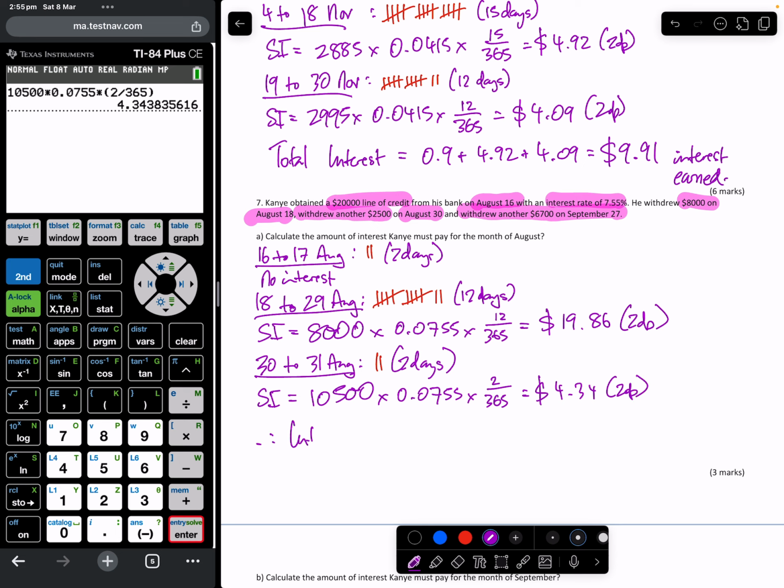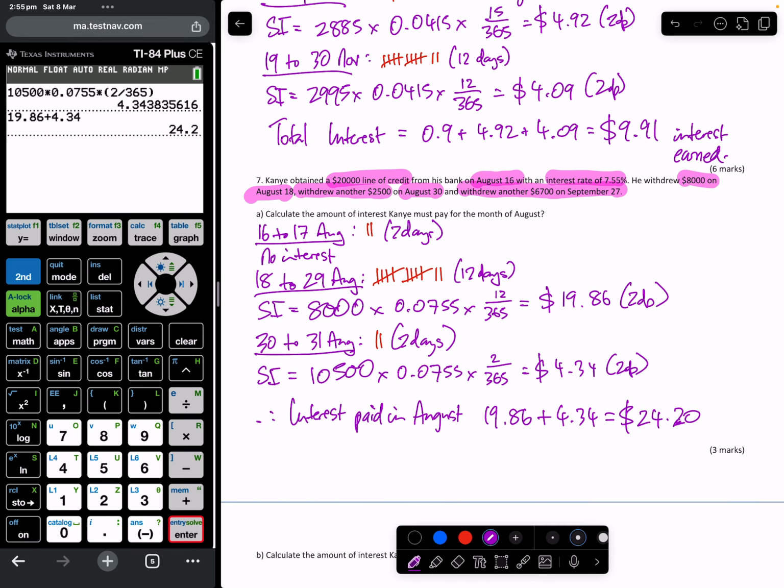Therefore, interest paid in August is $19.86 plus $4.34, which is $24.20.